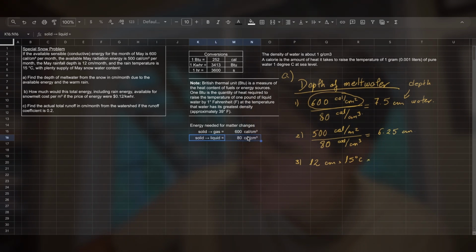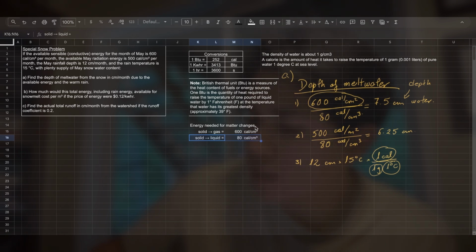Now, it takes 1 calorie to raise the temperature of 1 gram of water 1 degree Celsius.